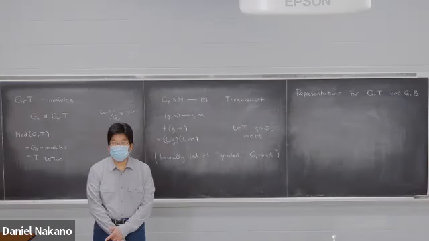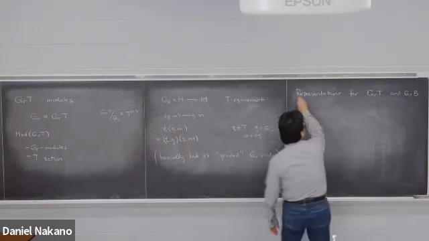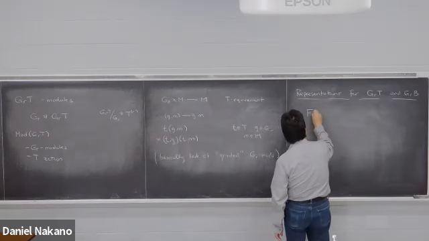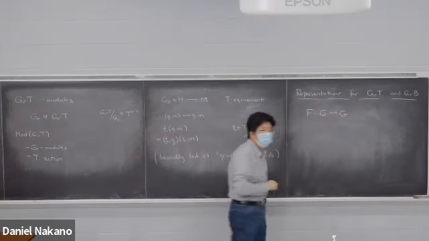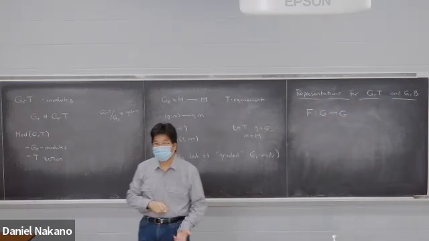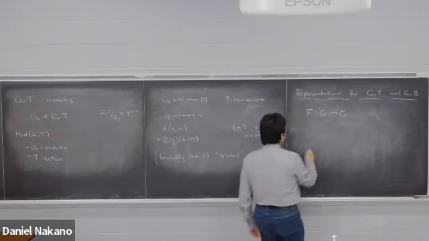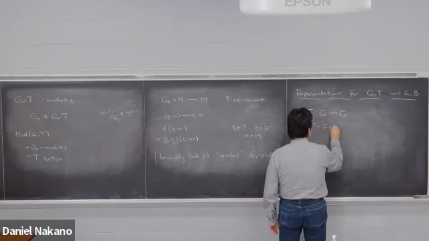The idea is fairly simple. You have a Frobenius map F, which goes from G to G. Now just iterate the Frobenius map R times. So F to the R is F composed with F.